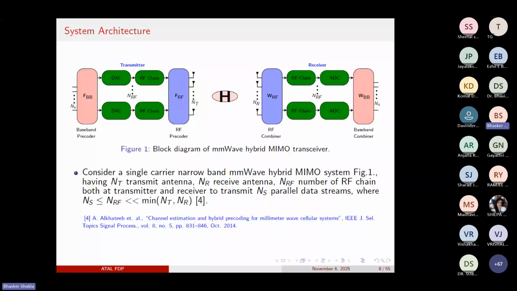So by use of a hybrid precoder and combiner, we can get two types of gain simultaneously, a multiplexing gain as well as a beamforming gain.